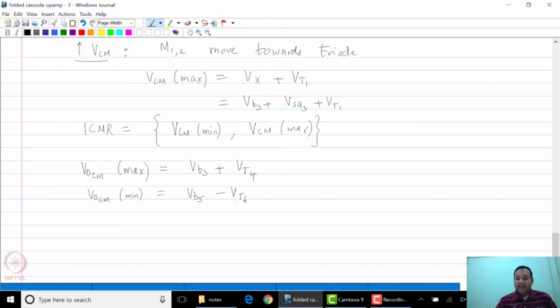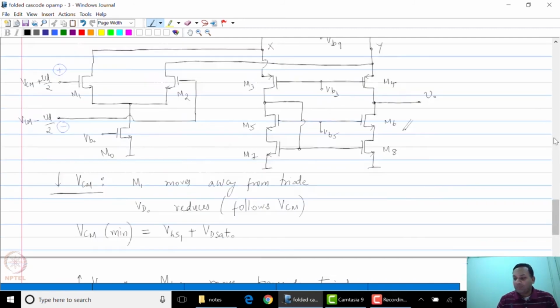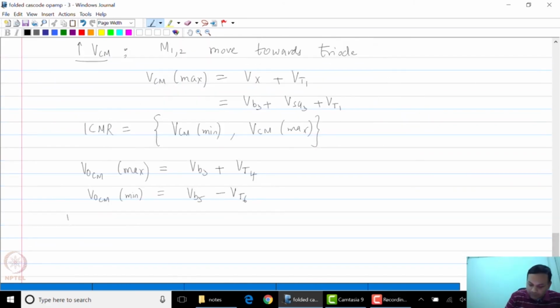Now please note that VB3 and VB5 themselves and all the bias voltages are under the designer's control. So for example, VB5 can be as low as VDsat8 plus VSG6. So clearly all these bias voltages are design parameters.